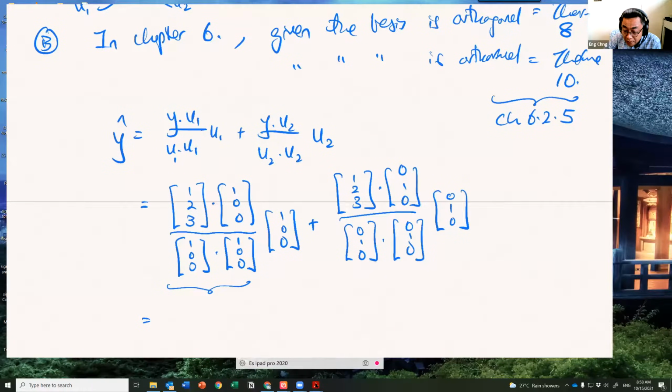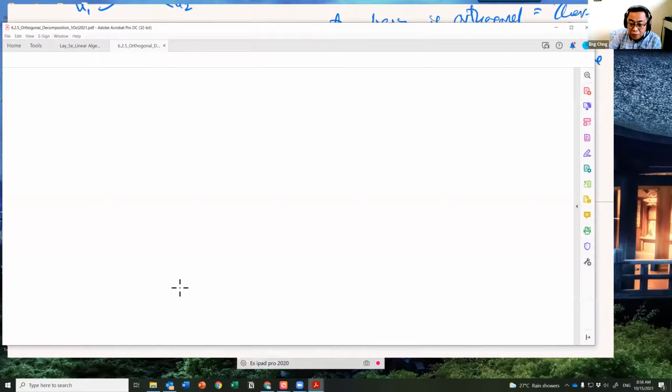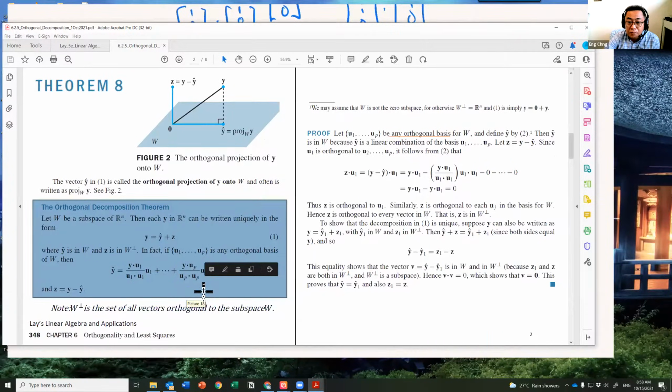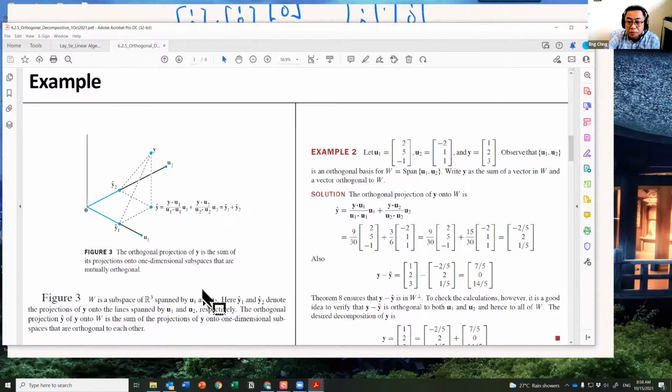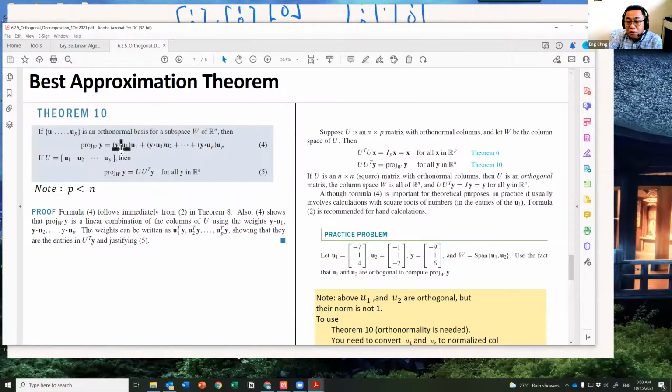Theorem 10 is, in fact, not this equation, but this equation. The bottom of it disappears because if the length of U1 is 1, U1 dot U1 is 1. So the difference between theorem 10 and theorem 8 is that thing in the bottom.